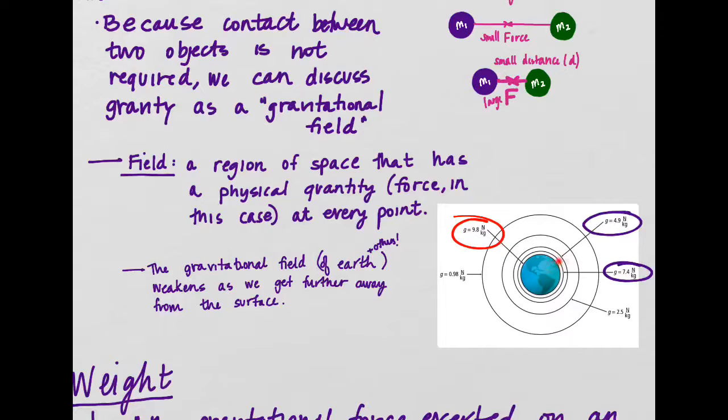So if I'm standing right on the surface of the Earth, we are at 9.8 newtons per kilogram. Remember, this is the strength of gravity that we use in all of our calculations. But as I go higher into the atmosphere, I'm at this first ring here, I decrease gravitational strength. And even higher, I decrease it, and now I'm out of the atmosphere. This would be like what the moon feels, for example. So the moon feels Earth's gravity, but it's very small compared to what we feel here on the surface of the Earth.